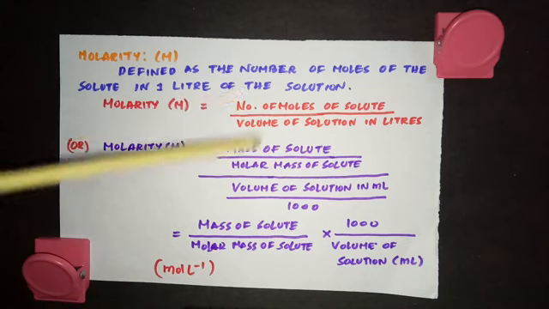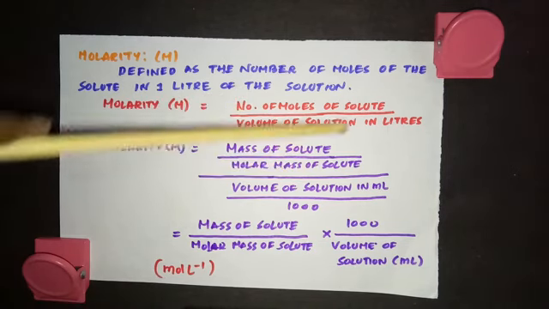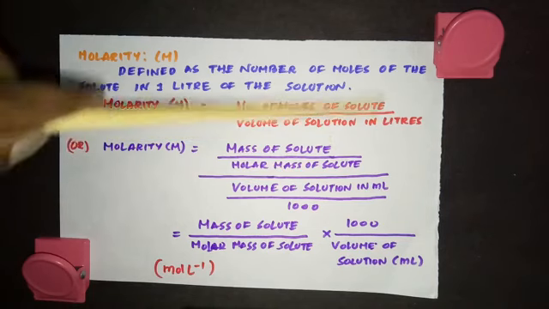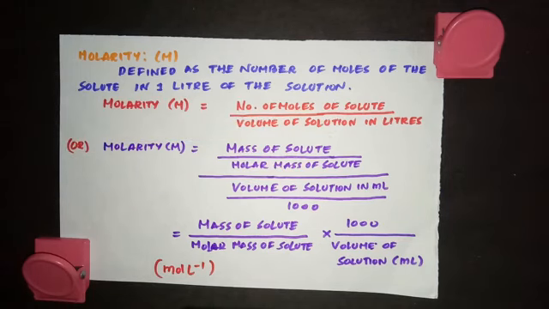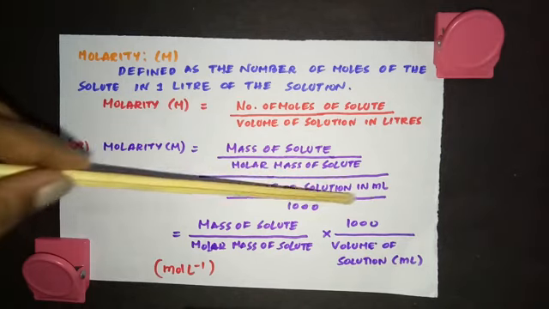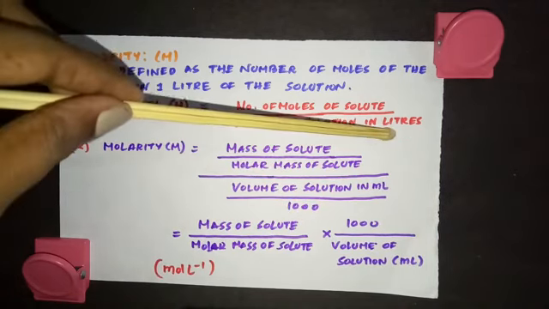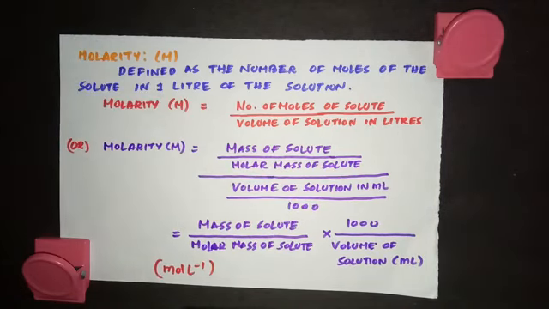So you can rewrite this as mass of solute divided by molar mass of solute divided by volume of solution in liters. Suppose if your volume in the question is given in ml, milliliters, then volume of the solution in milliliter divided by 1000, because you are converting milliliter into liters. So for that you are doing this conversion.